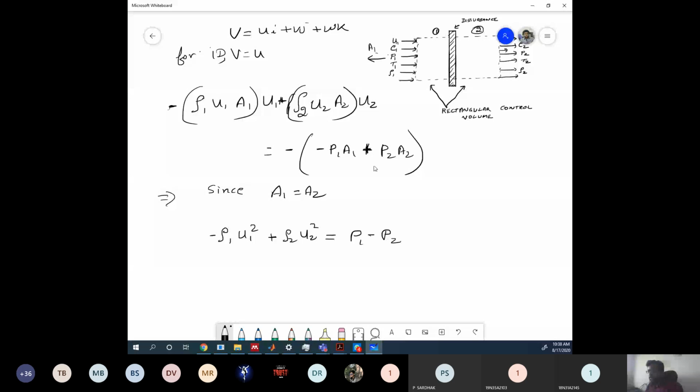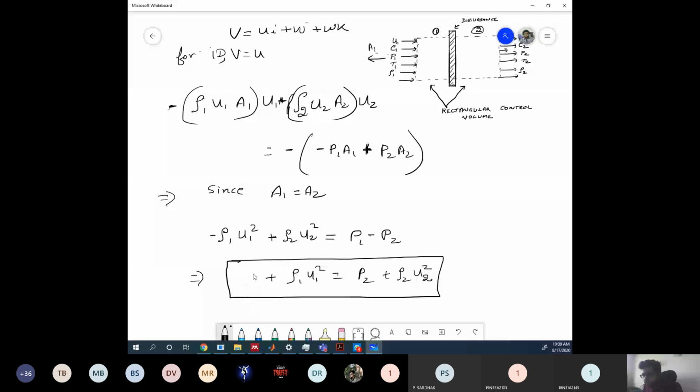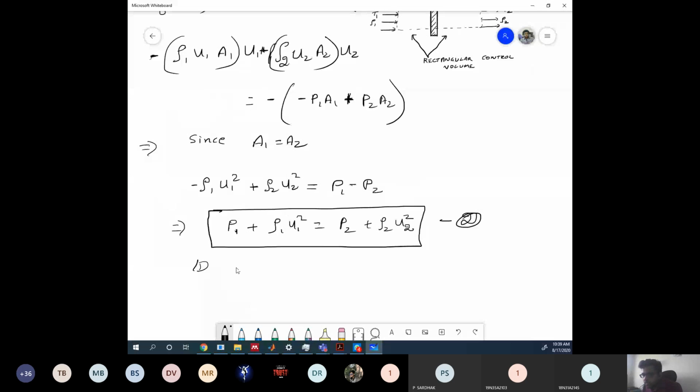So finally you will get P1 plus rho 1 U1 square is equal to P2 plus rho 2 U2 square. Okay, so this is the one-dimensional form of the momentum equation. You'll see how these equations are useful when we derive all the Mach number relations.